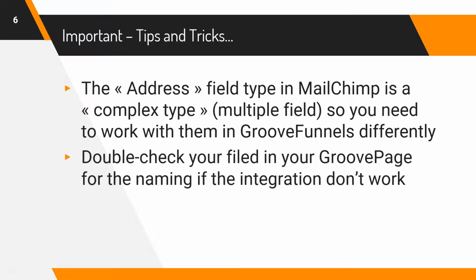Also, when you do your integration, if you copy a field to add multiple fields, sometimes the names stay unchanged. So if you have problems sending information to MailChimp from GroovePage, double check that all the fields in your form in GroovePage have different names and that all the names match your audience list in MailChimp.